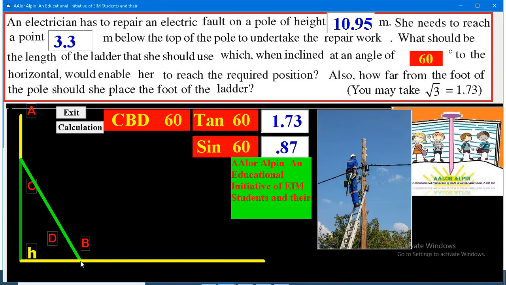Can you do this problem now yourself? I did 3 problems. Now you do 3. Only this point, leave it. The ladder point has gone down little. 3.3. Earlier it was what? Okay, you try this problem.